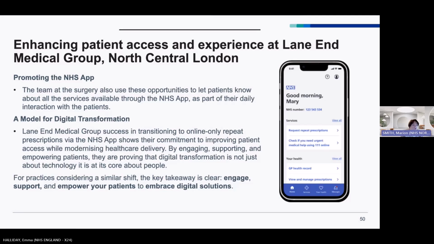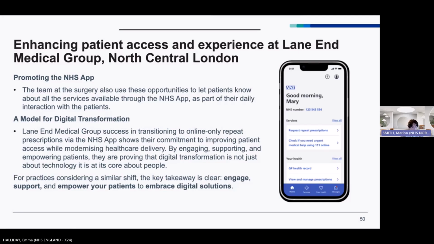And it really shows that digital transformation is not just about technology, it is at its core about people. Digital is the enabler, but the change happens through people and supporting people and investing in that, for real benefits for patients, and the practices and the system.